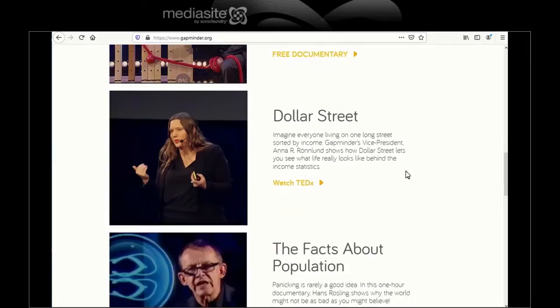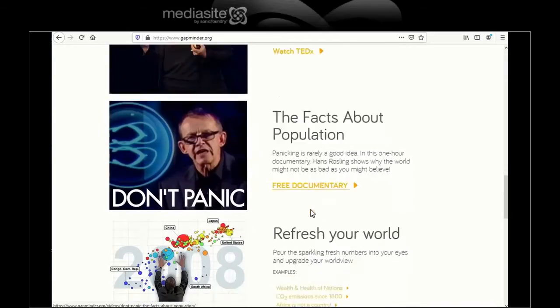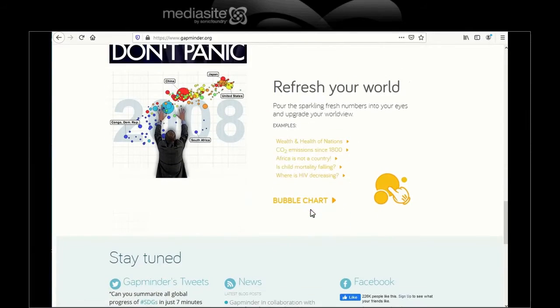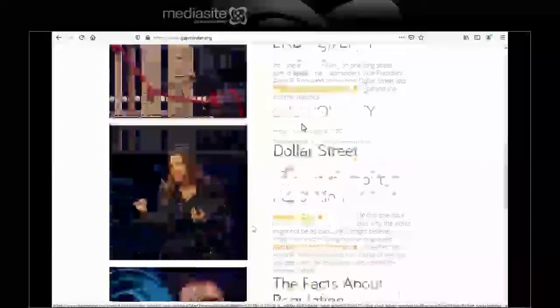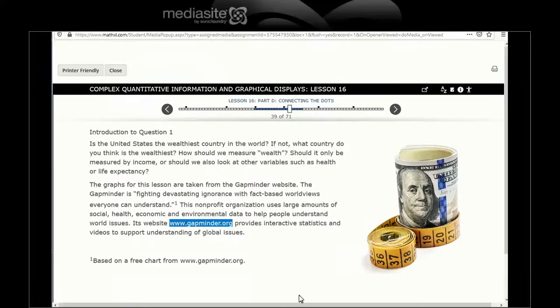Don't panic on poverty. Dollar Street. Okay, so lots of odds and ends to look at. Africa is not a country. No, it's a continent. It is comprised of many countries. All right. So on your own, if you want to look more at it, do so.